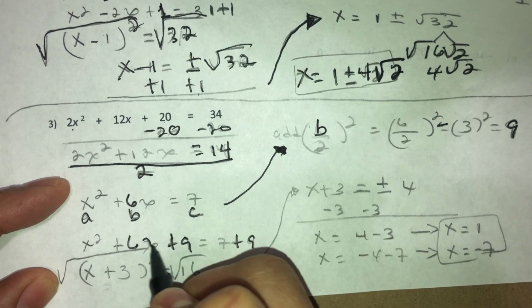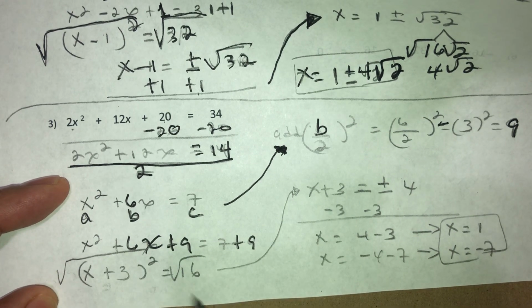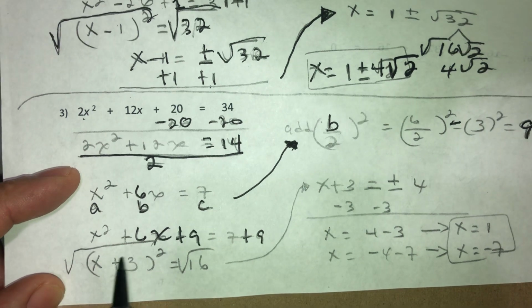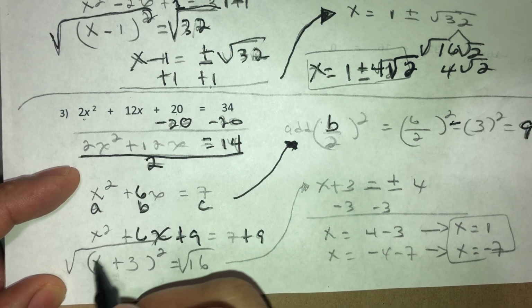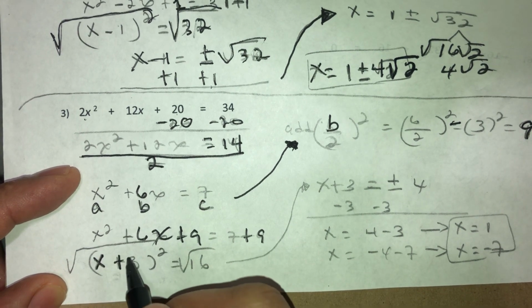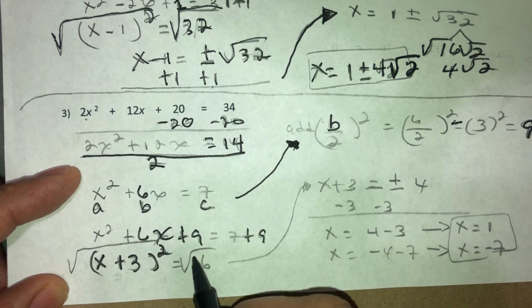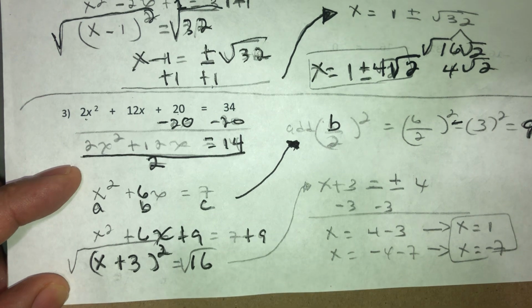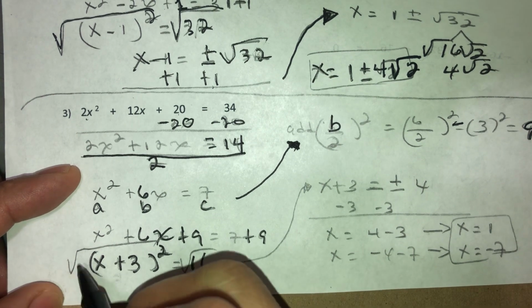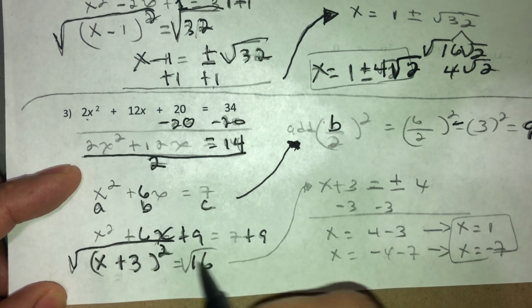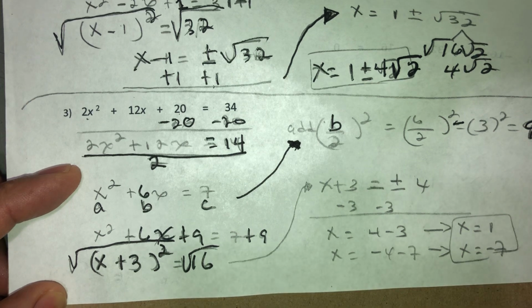okay, that's my 6x. And I'll have a perfect square trinomial. Keep my x, keep my plus sign, half of 6 is 3. I'm going to square that one, all right, and I'm going to add 7 plus 9 is 16. After that, I will do my radical 16, right?